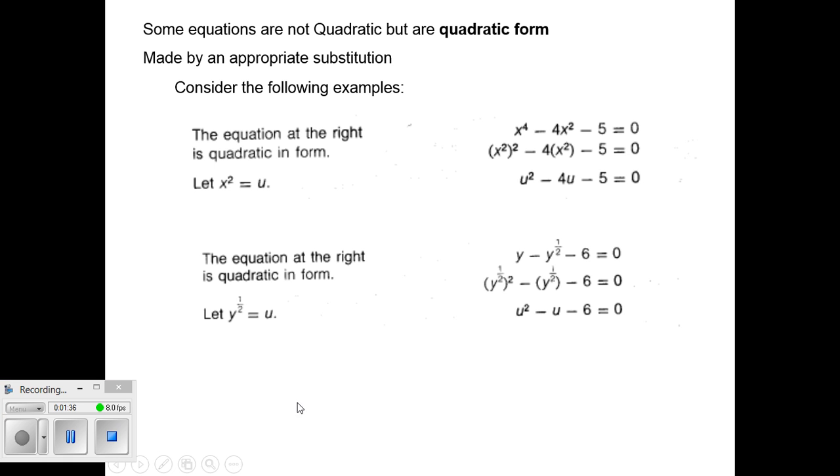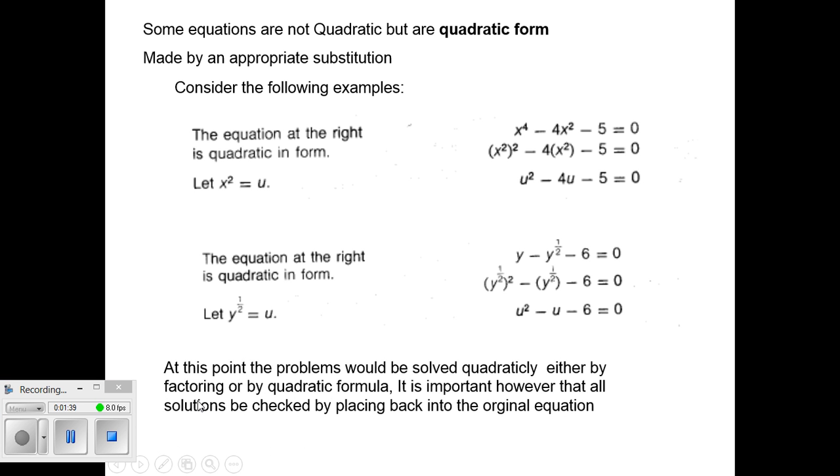So we're coming back and looking at some more examples of what appears to be quadratic and can be made a little bit more user-friendly in its appearance with a suitable substitution. Okay?